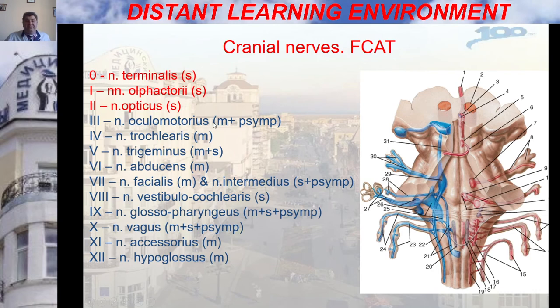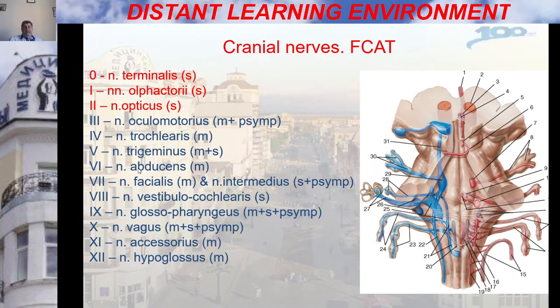Nervus oculomotorius contains parasympathetic and motor fibers. The trochlear nerve contains only motor fibers to skeletal muscle. Nervus trigeminus contains sensoric and motor fibers.